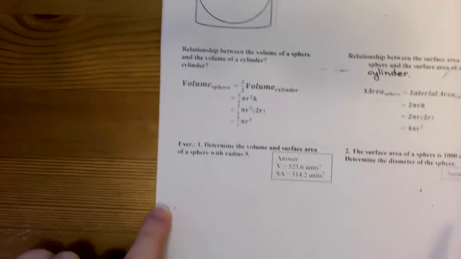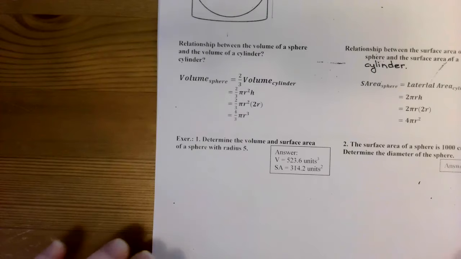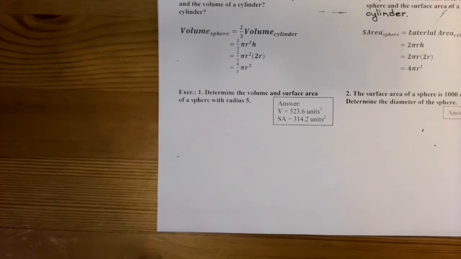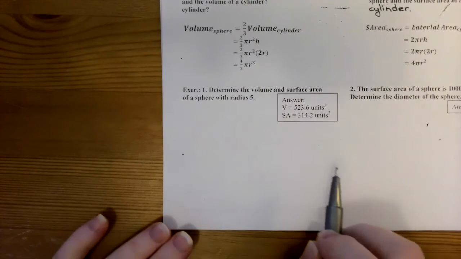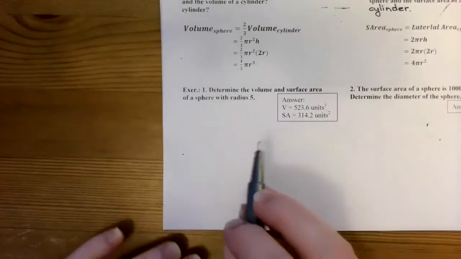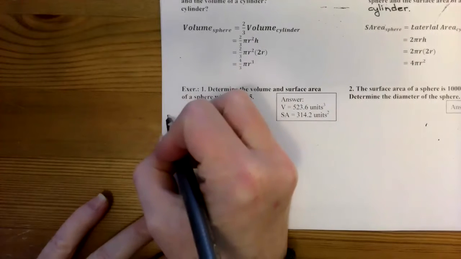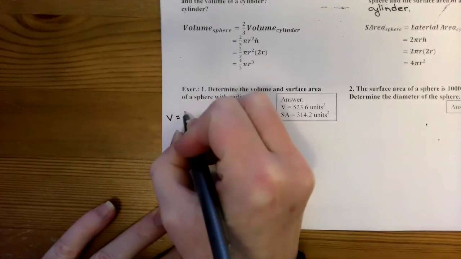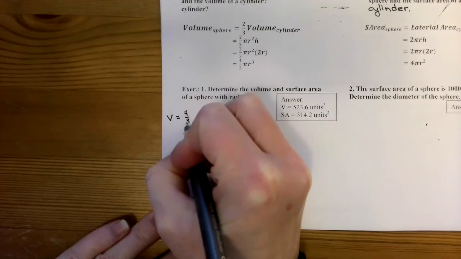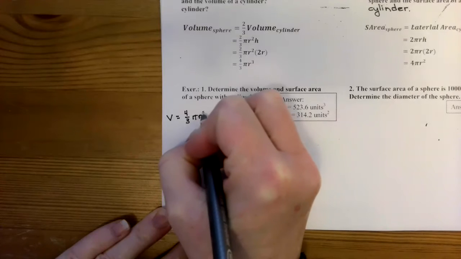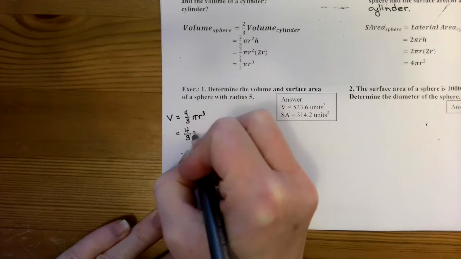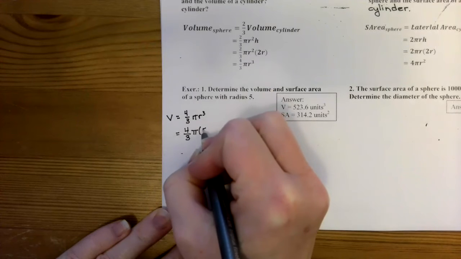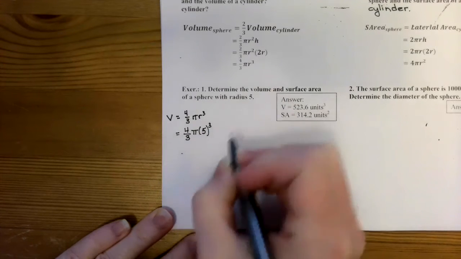So as long as we're here, why don't we take a look and do exercise 1. We have to determine the volume and surface area of a sphere with radius 5. We know that the volume of a sphere is equal to 4/3 pi r cubed. In this case, I know that my radius is 5, and so I'm going to cube that.